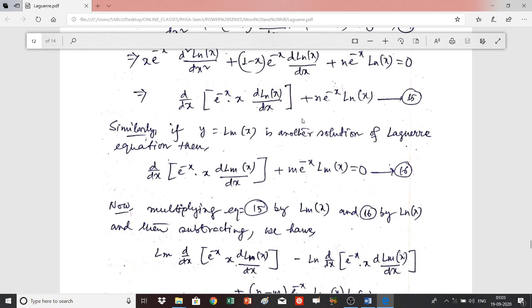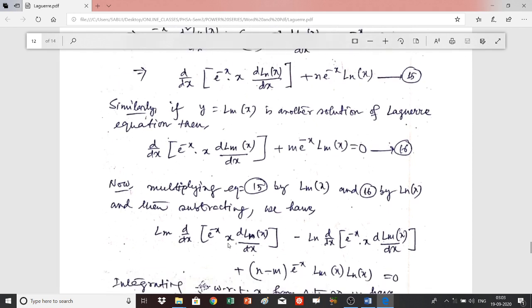Now multiply equation number 15 by lm, and then equation number 16 by ln, and subtract the second one from the first one.